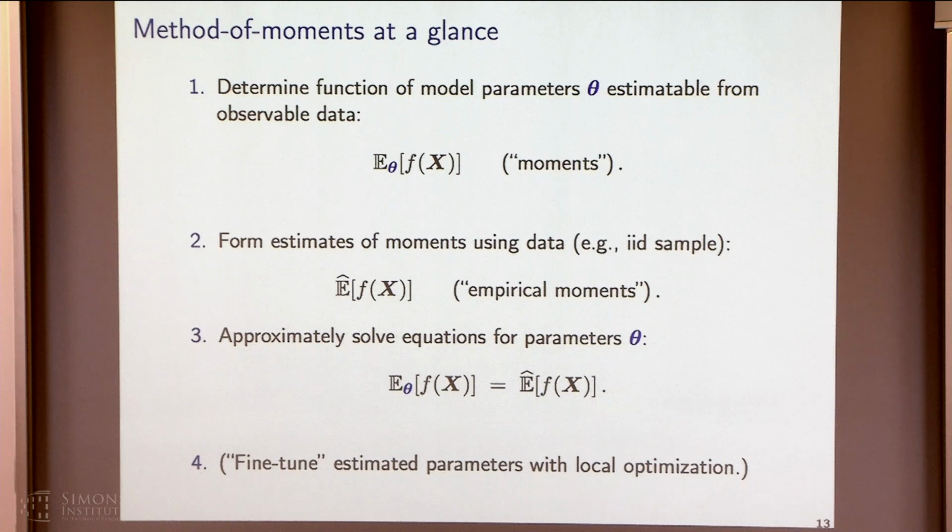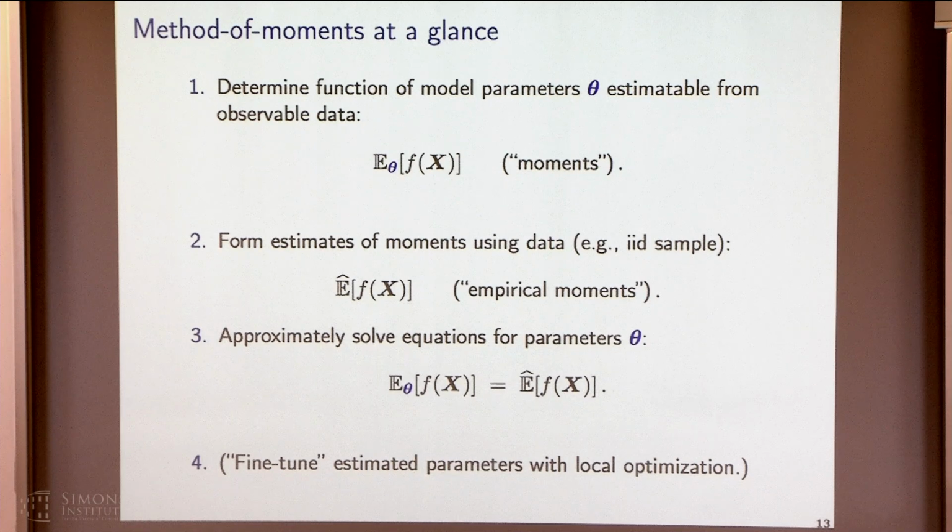At a very high level, with the method of moments, the basic idea is that you first determine some function of the parameters that you want to estimate that you can actually estimate from just the observable data, okay, just from the non-hidden data. You determine how this thing depends on the parameters that you're trying to estimate.